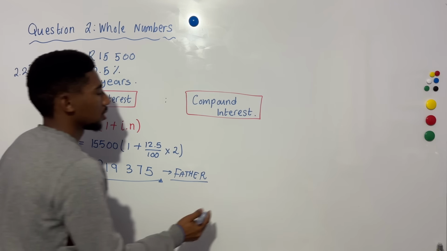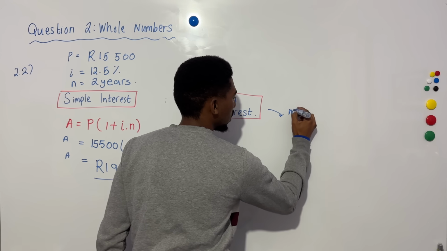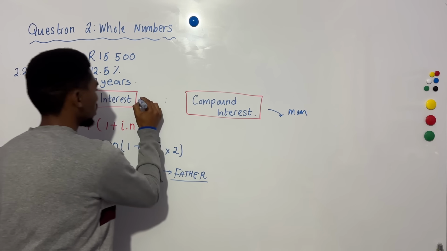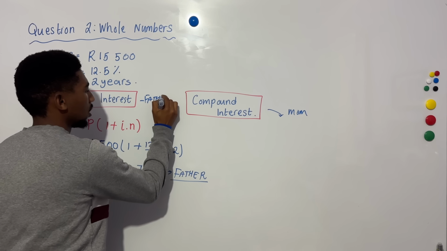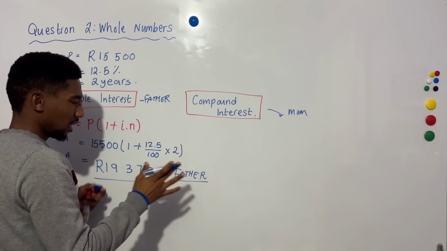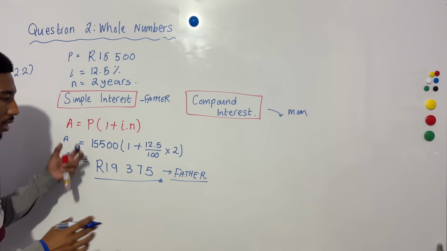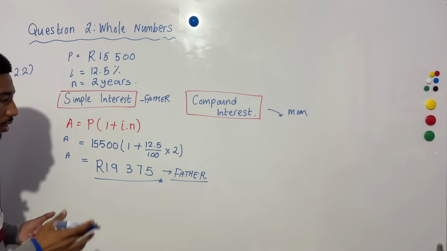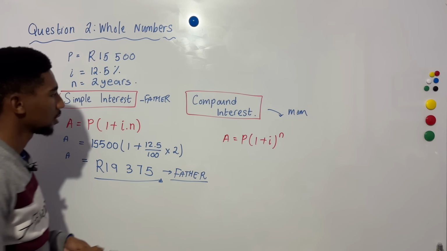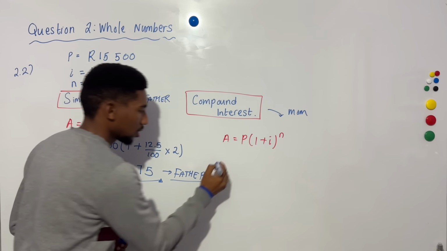Okay, then compound interest, which is your mom. It's very important to indicate. I've seen a lot of learners not indicating what the calculations are for or who the calculations are for. We know that we have a compound interest formula as well. We have A is equal to P(1 plus i), and then the n is the exponent. Again, same values fortunately for us.